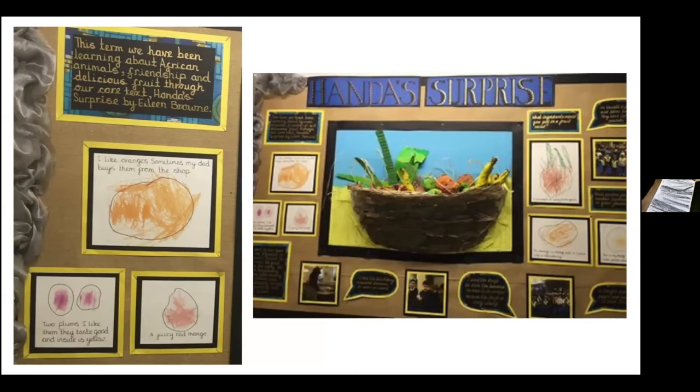I think it is a fantastic way of showcasing the children's work. If you've got a really, really bright background, you can lose the work on top of it. So it's a great way of getting the work to stand out and be the focus, rather than what's going on in the background.